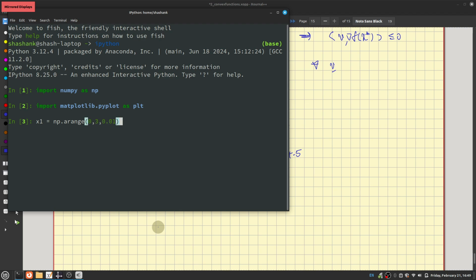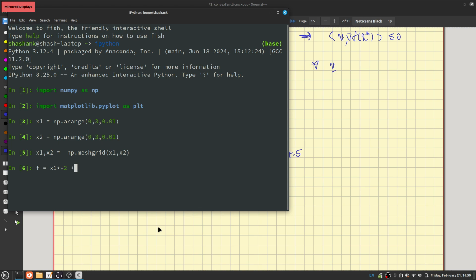Plot it. This is x1 square plus 0.5 x2 square plus 3 x2 plus 4.5.